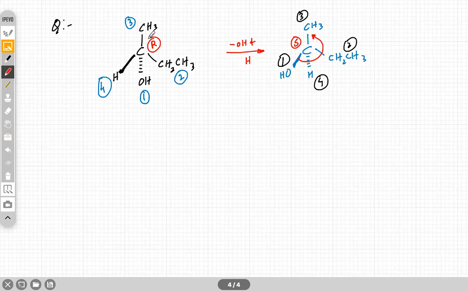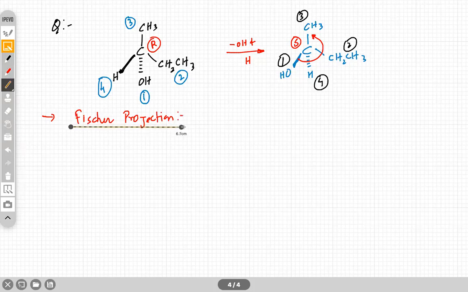Now, in this one we have one more thing: suppose a Fisher projection is given. I think last class we discussed Fisher projection. If a Fisher projection is given, then what do we have to do?